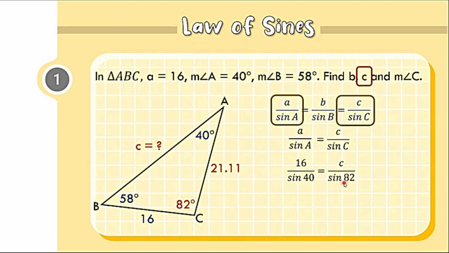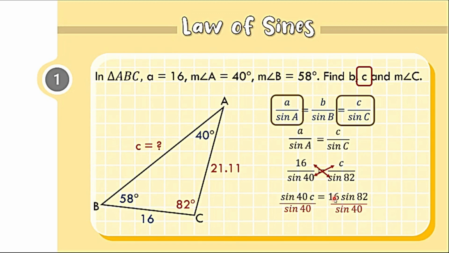Once again, let us cross multiply so that the denominators become 1. Therefore, we have sine 40 times c and sine 82 times 16. And this one is equal to sine 40 c is equal to 16 sine 82. We are asked to find the length of side C, so to isolate c, let us divide both sides by sine 40.